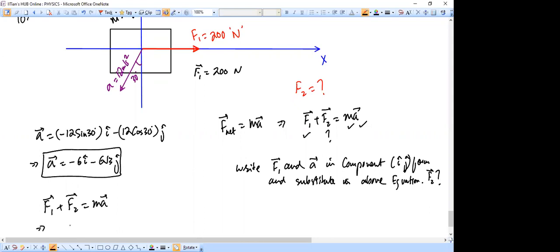So 200 I cap plus some unknown force F2 should be 2 kg multiplied with minus 6 I cap minus 6 root 3 J cap, which is in meters per second square.